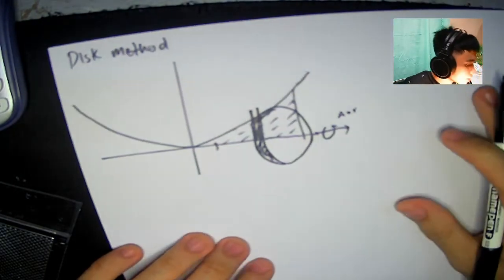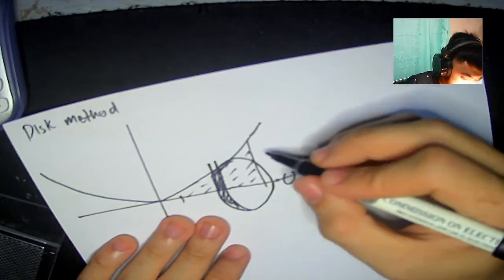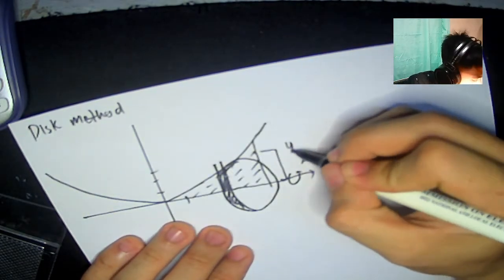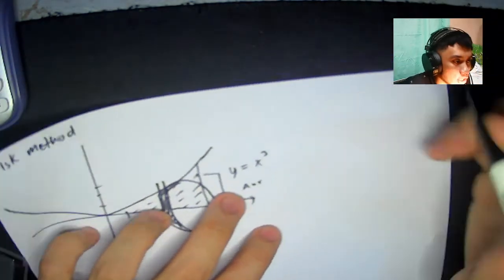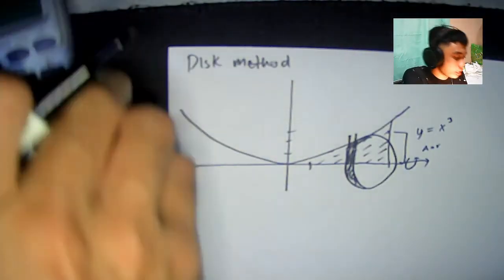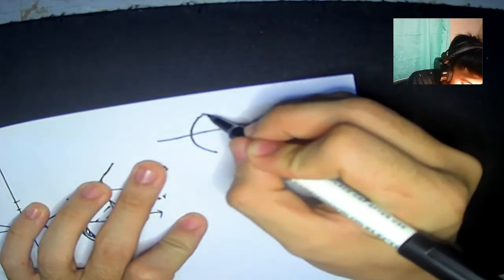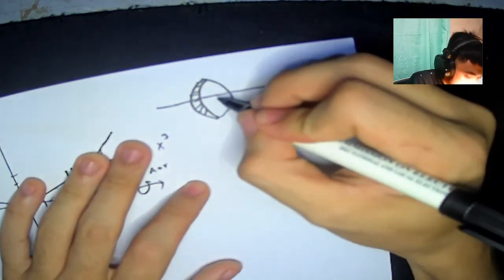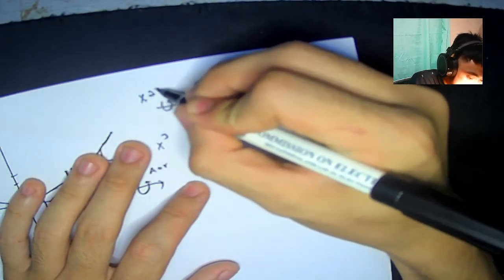So the thickness of the disk is our dy. So dy is here, so it's 1, 2, 3. So y equals x cubed. So let's draw the disk here. If you can see, this is our x-axis, and the disk is skewered like that. This is our axis of rotation, which is the x-axis.